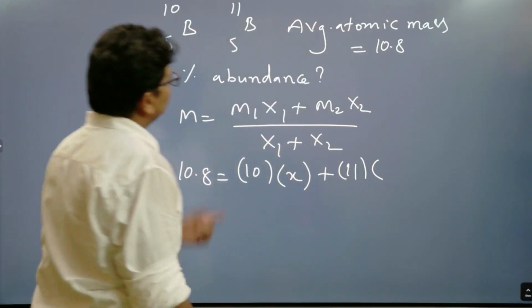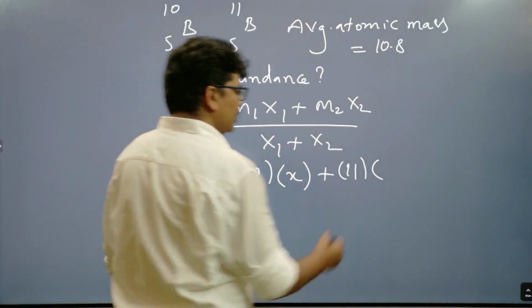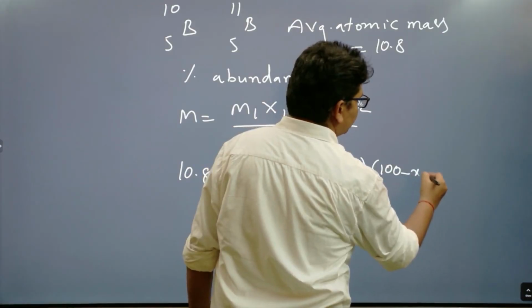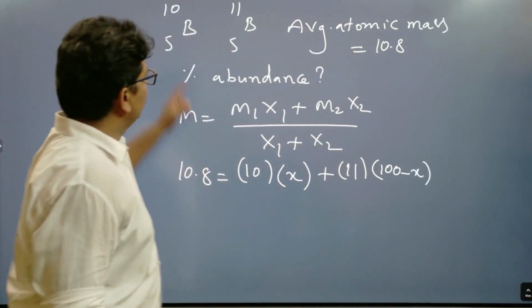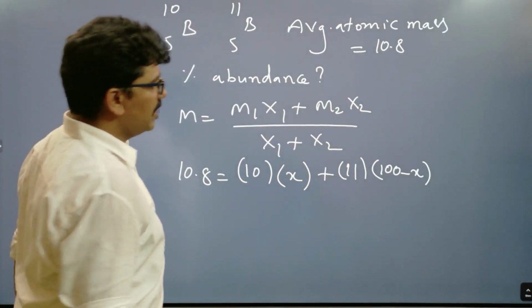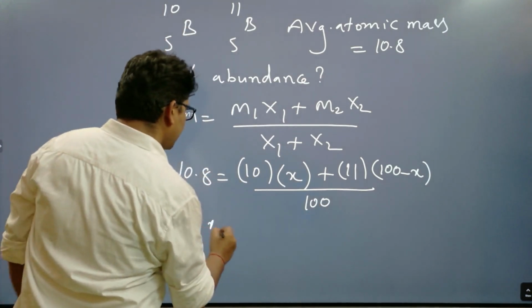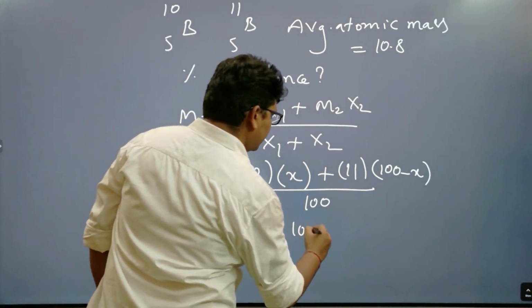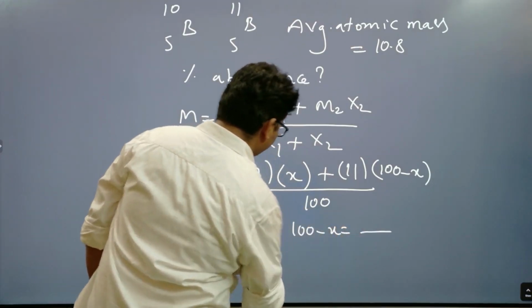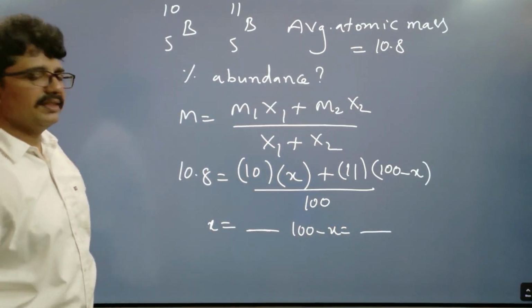What is a percentage abundance of boron 11? We don't know. Take it as 100 minus x. Total percentage is what? 100. So when first one is x, second one will be 100 minus x. So here you can calculate x, you can calculate 100 minus x. So by solving this, you will get percentage abundances.